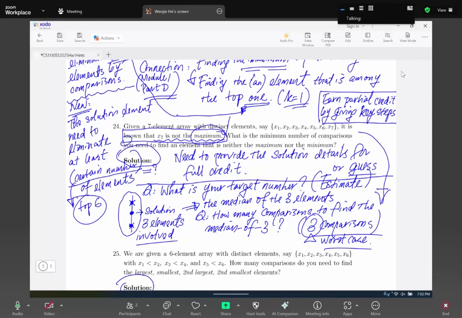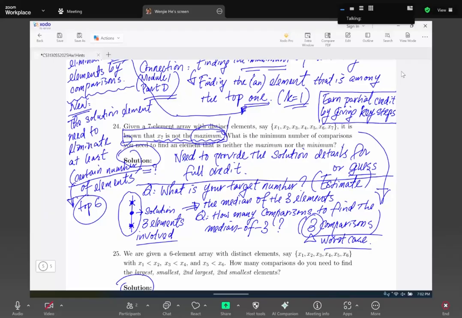So we estimate this information should be useful for our solution. If it is useful, that means this condition can help us reduce the number of comparisons.